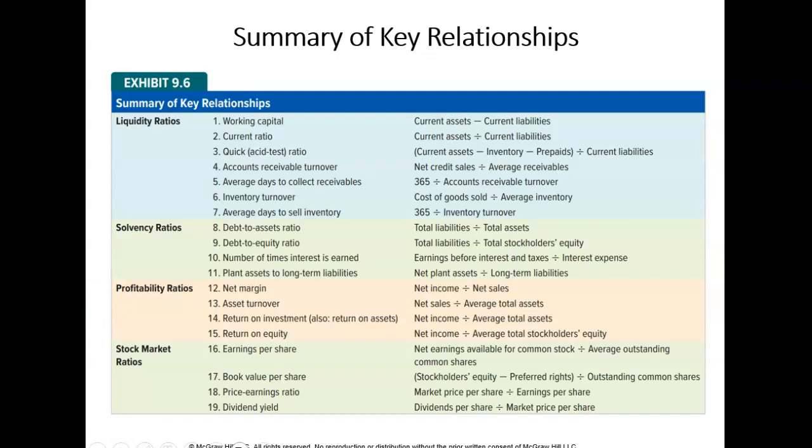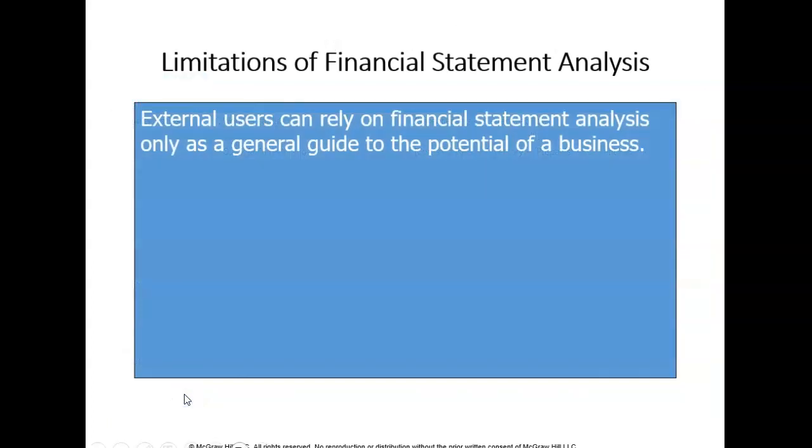These focus on profitability, how profitable is a business organization. And these last ratios are based upon ratios dealing with the actual stock market. Okay? Now, these ratios are good.